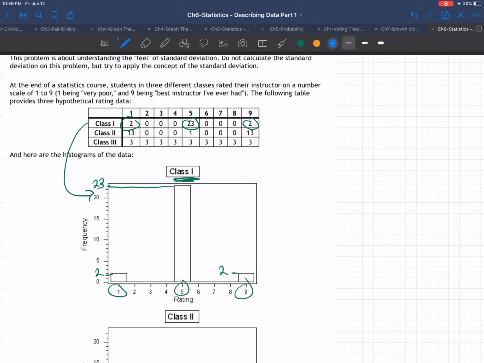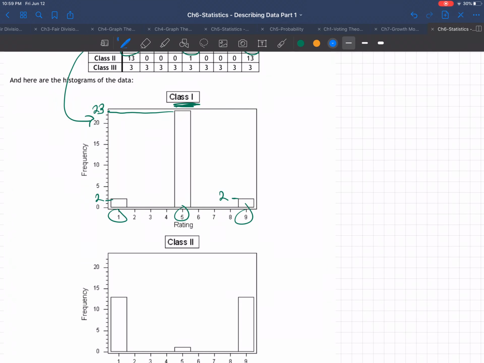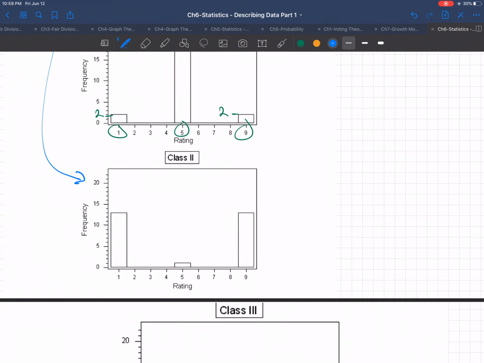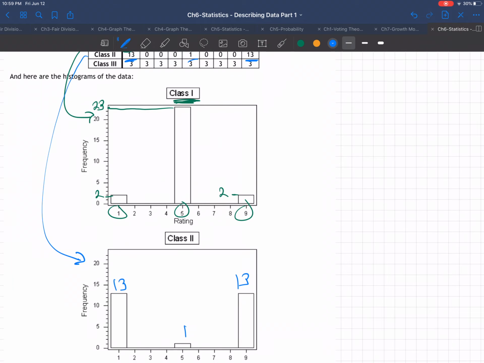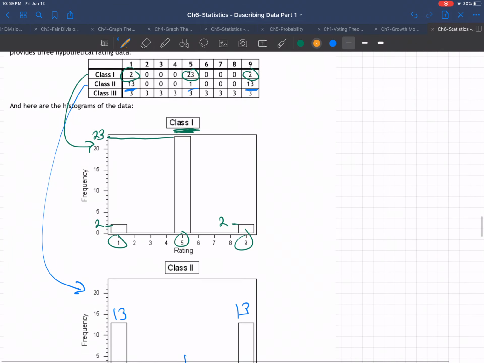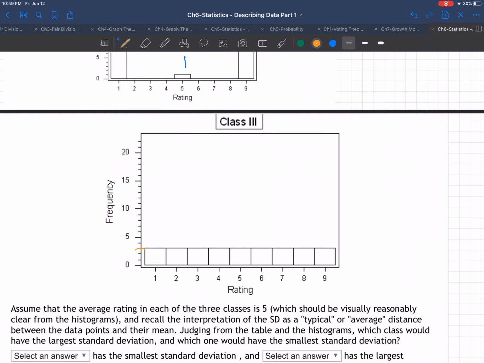And then class number 2, coming down here, 13 gave him a bottom rating, 13 gave him a top, 1 in the middle. So there's 13 here and 13 here and 1 in the middle. And then finally, class 3, it's just 3s all the way. See, 3 people gave each rating.